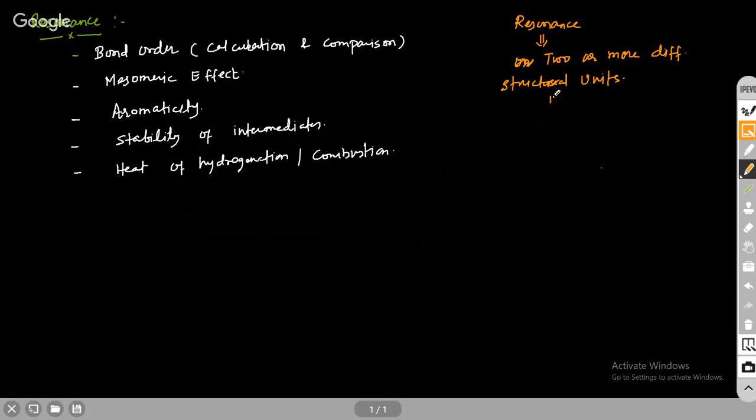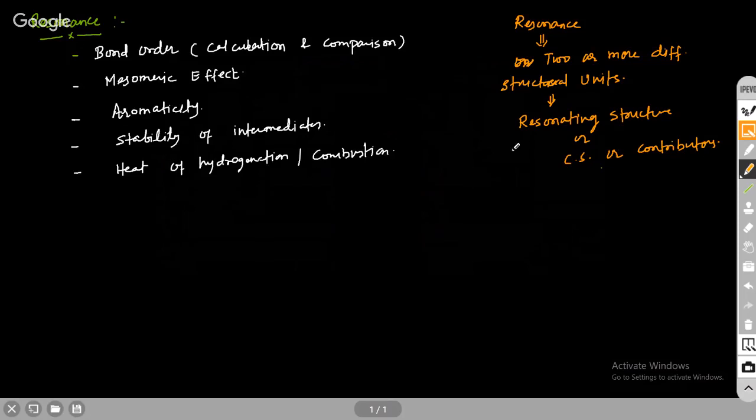Now, these structural units we call resonating structures, or we also call them canonical structures, or contributors. Why contributors? Because these structures contribute to the property of the real molecule.